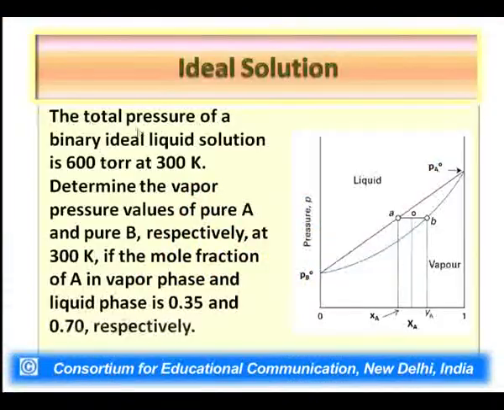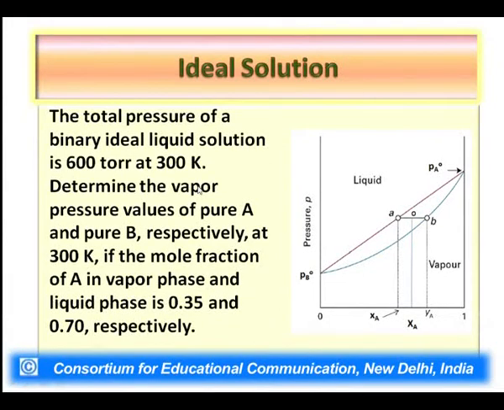So let us first take the first numerical. Suppose we are given that the total pressure of a binary ideal liquid solution is 600 torr at 300 Kelvin. So it means, first of all, that if this graph is drawn at 300 Kelvin, these extreme points PB naught and PA naught would be the vapor pressures of the two pure components.